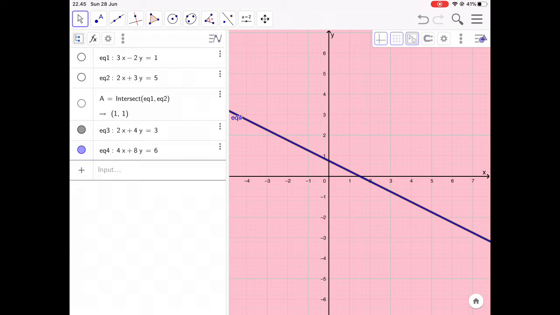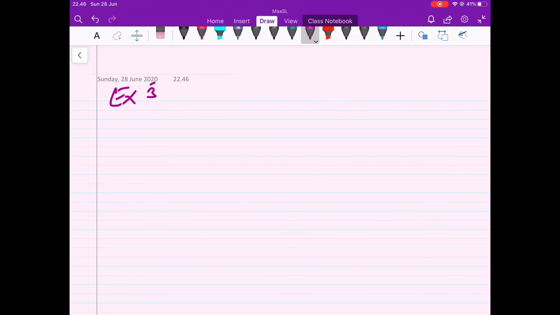Okay, so let's check the third condition. Example number 3 is 2x minus 4y equal to 3, 6x minus 12y equal to negative 1.